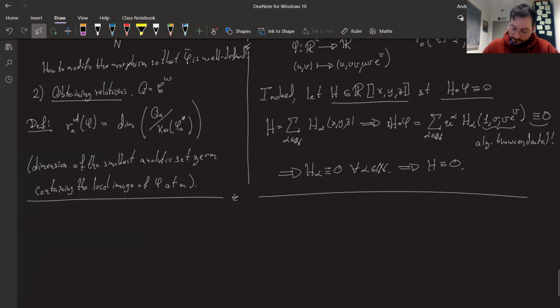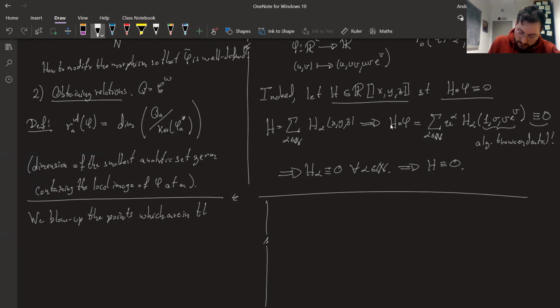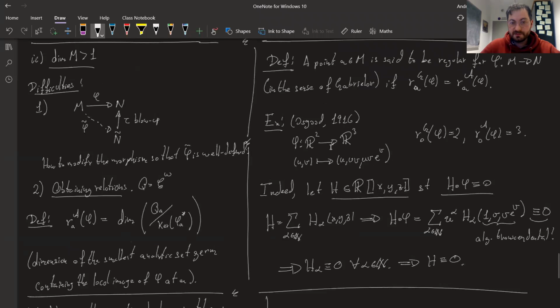So we blow up the points which are in the image of non-regular points. In the case of the Osgood map, there's only one point: (0,0) is sent to 0.